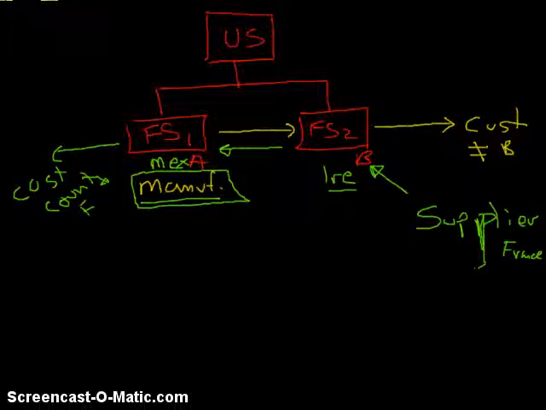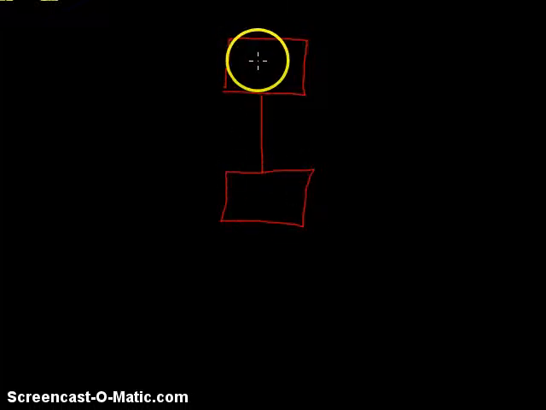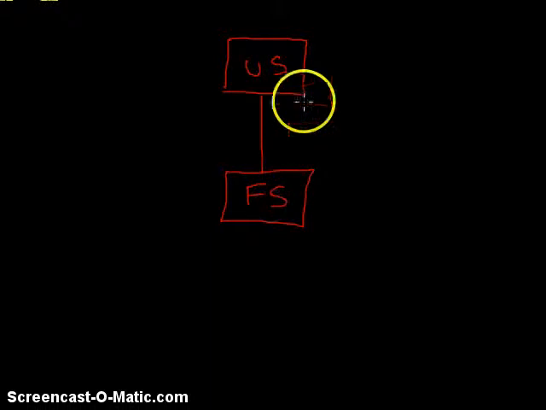Let's do one other example. There are also instances where you structure a transaction so as not to have the sale, and therefore you can't have the foreign-based company sales income, but you still achieve the same result. And we're going to find that this falls under the same definition.